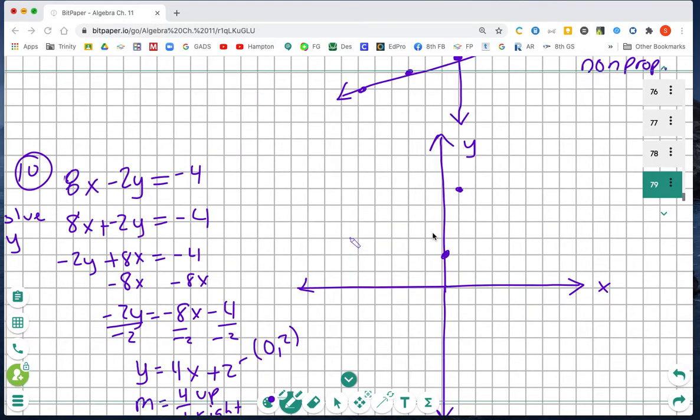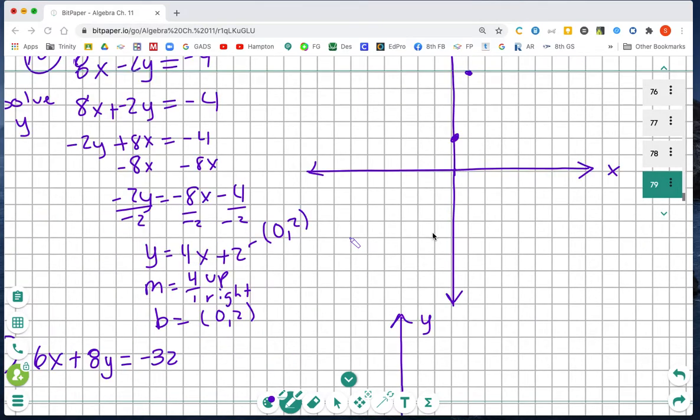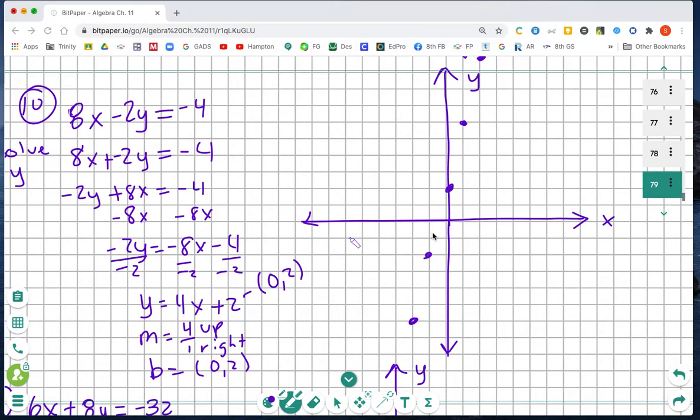Down 4, to the left 1. Going to connect my dots, ordered pairs. My slope is positive and non-proportional.